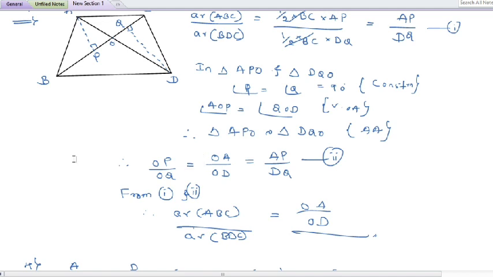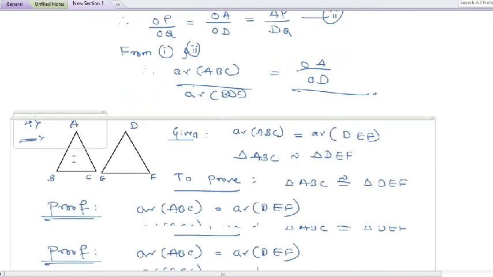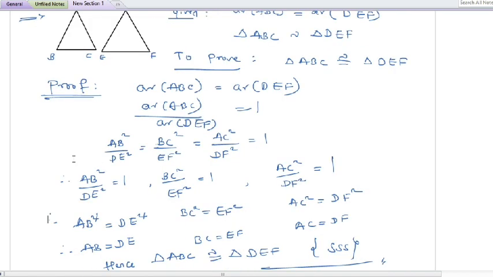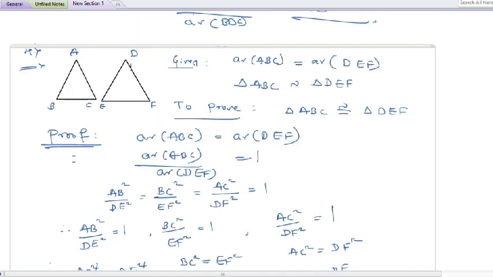Fourth problem is: if the areas of two similar triangles are equal, prove that they are congruent.